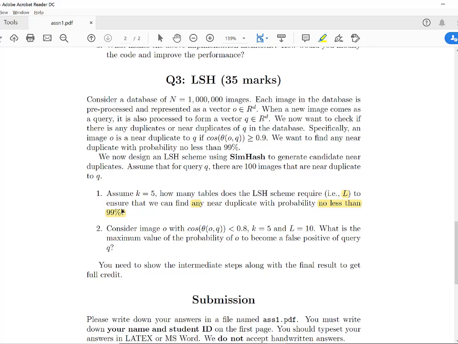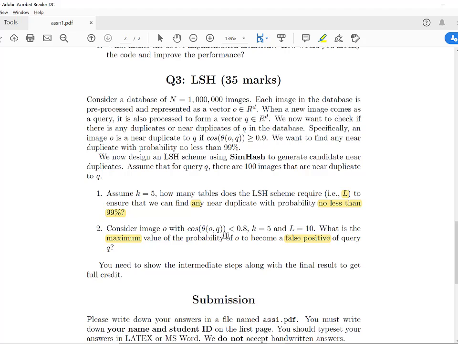And for the second sub-question, we consider an image O with cosine theta smaller than 0.8, and K and L are given. We want to know the maximum value of the probability of O becoming a false positive of the query q. False positive means O is incorrectly returned.